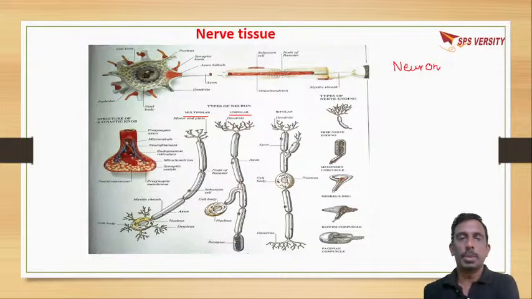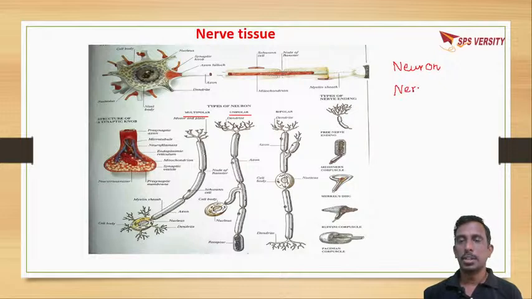So nervous tissue plays an important role in generation and conduction of nerve impulse, that is control and coordination.